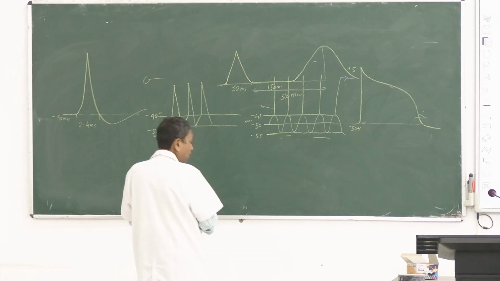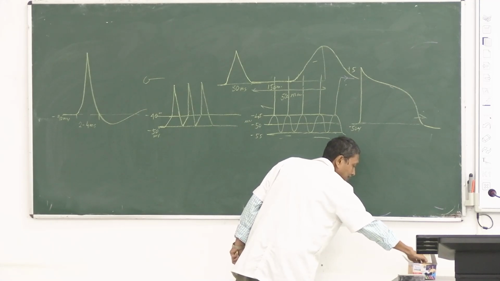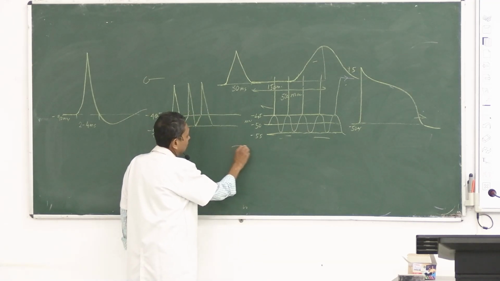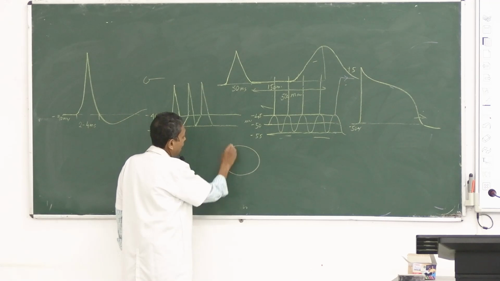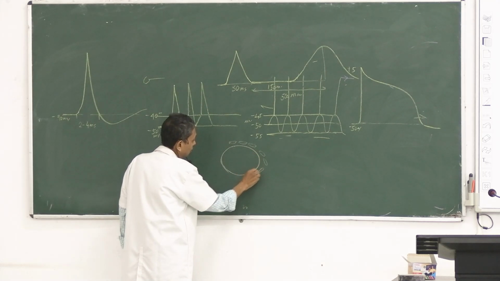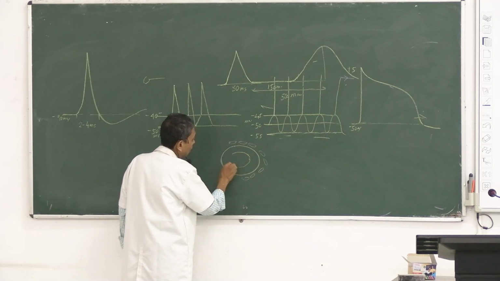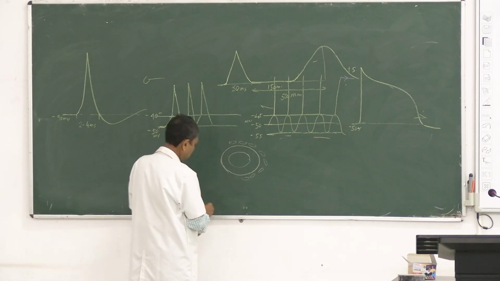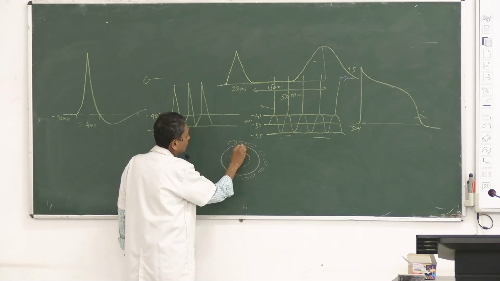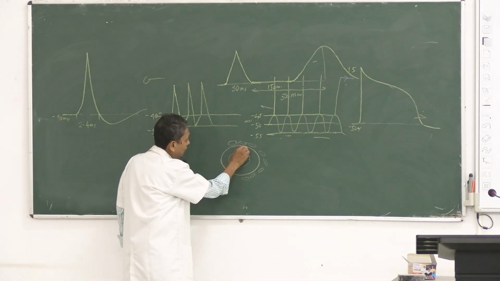Suppose it is the circular muscle and it is the longitudinal muscle. In the proximal part of the intestine, there are the cells of Cajal.